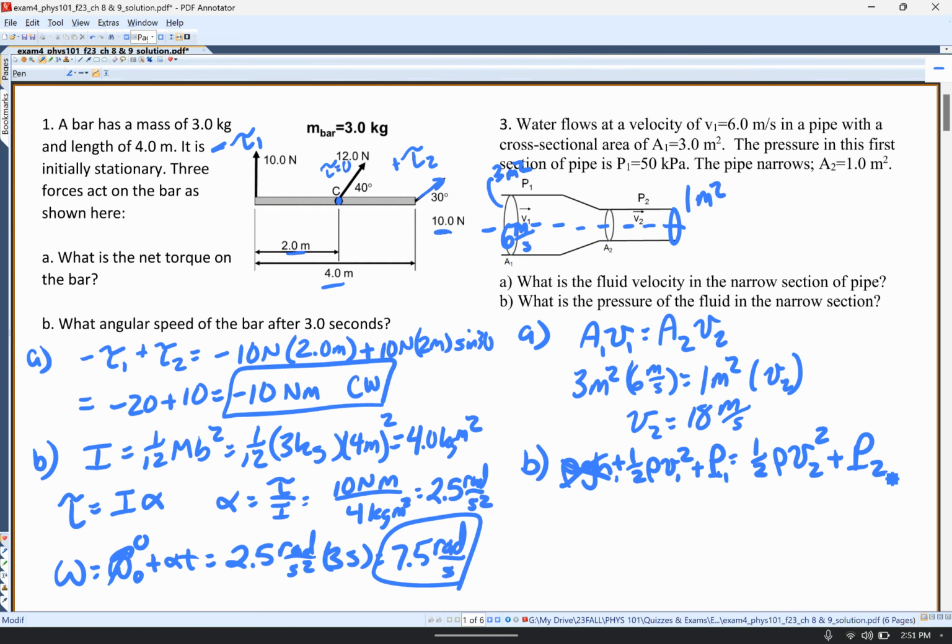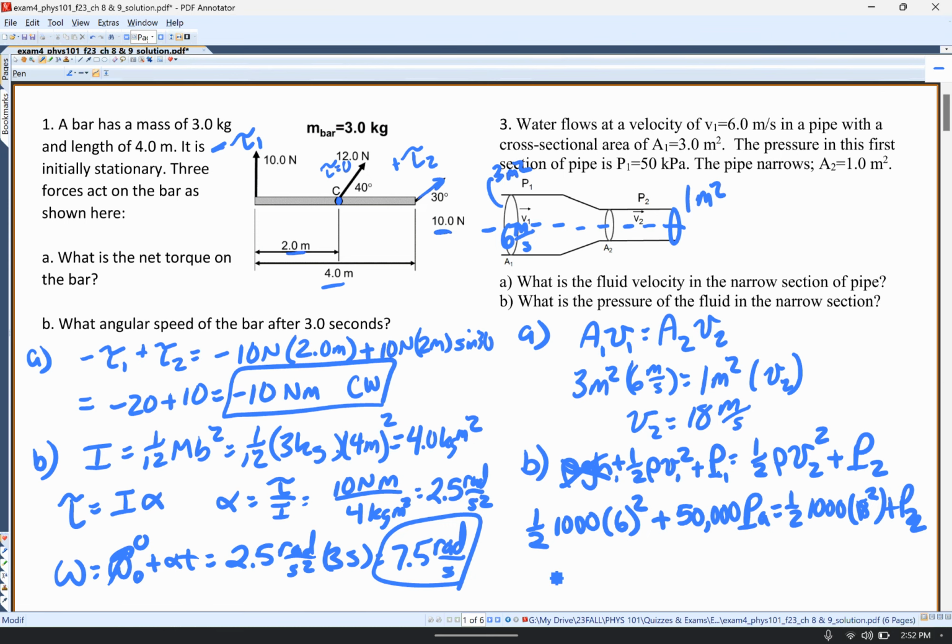Okay, so now I want to find out what is P2. So I have 1/2 of rho, this is water, so rho is 1,000, times V1, that was 6 meters per second, squared, plus P1, that's 50 kilopascals, or 50,000 pascals, is equal to 1/2 of 1,000 times 18 squared, plus P2. And then I want to solve that for P2.